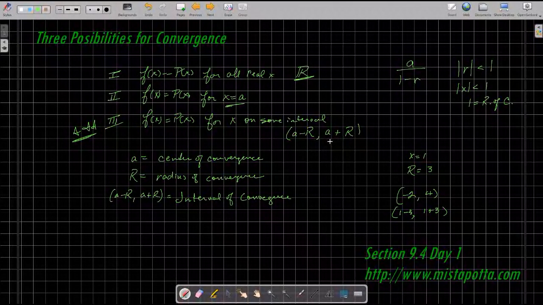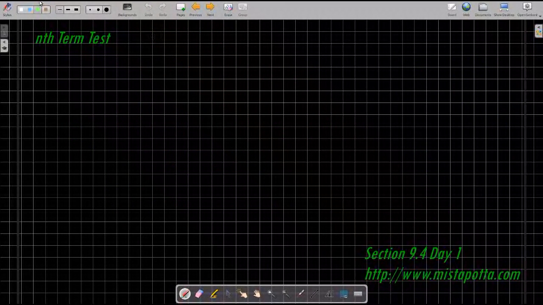So I want to start by talking about two different tests that we have. The first test I want to talk about is the nth term test, and the nth term test is a pretty basic test.